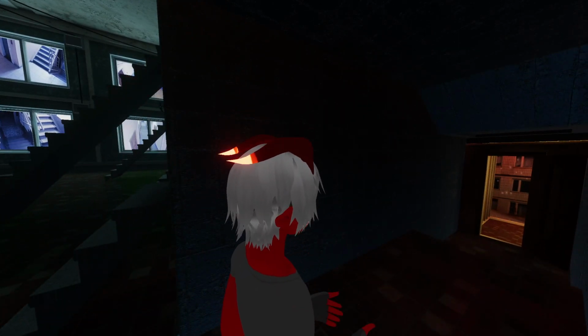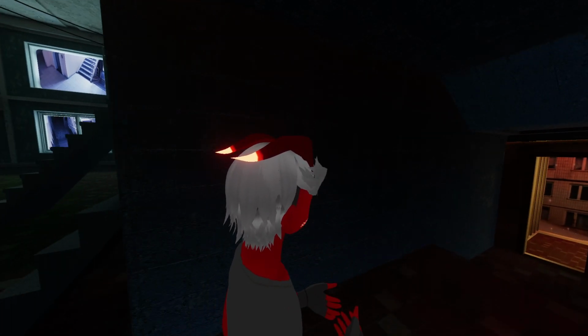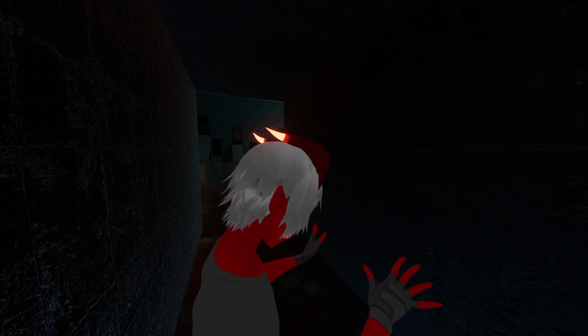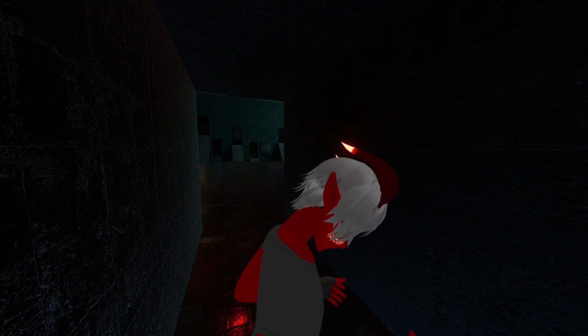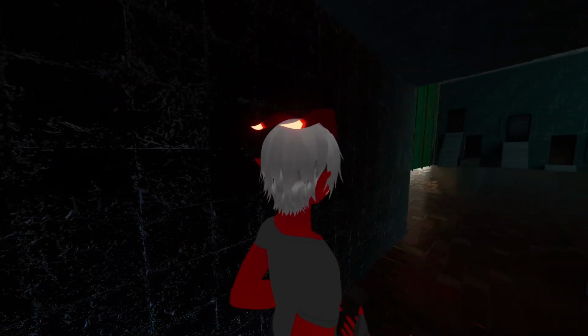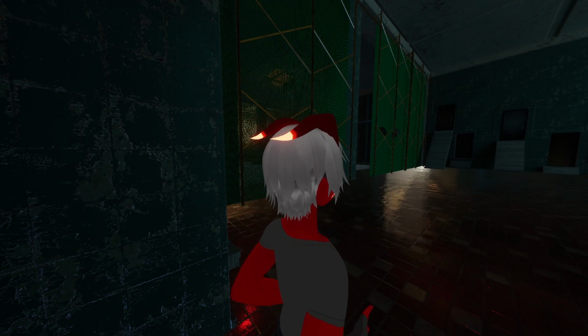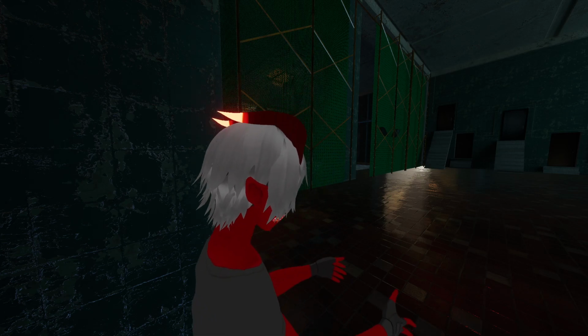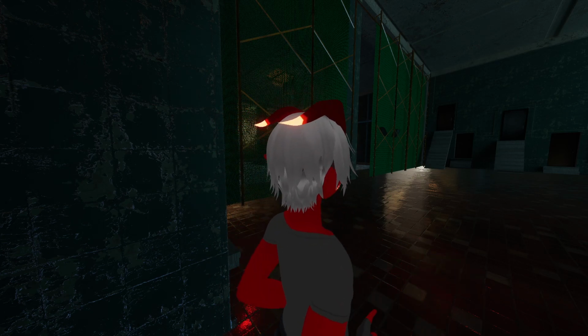I think if they release more horror games in VR, it's going to be more like that. I've just noticed my barrier is coming on for some reason. My VR barrier to say I'm going to hit something. I don't know why, because I'm only leaning backwards and it's coming on. Oh well.